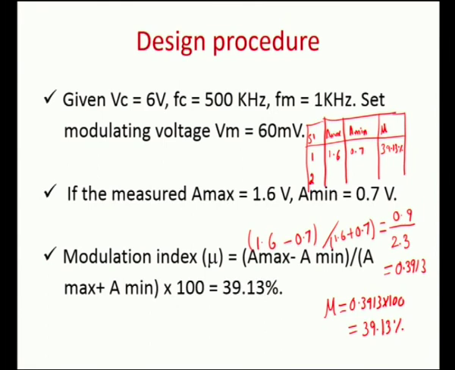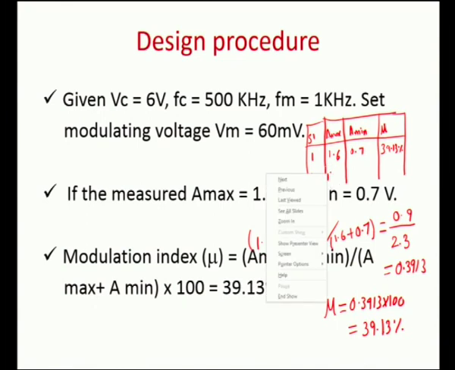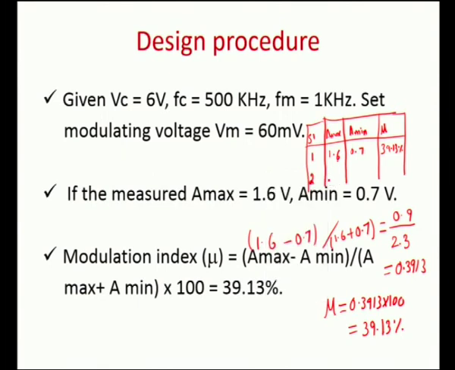In the lab we have done this experiment. While doing that, we got A max equal to 1.32 volts and A min equal to 0.32 volts. So, for 1.32 and 0.32, what is your modulation index?